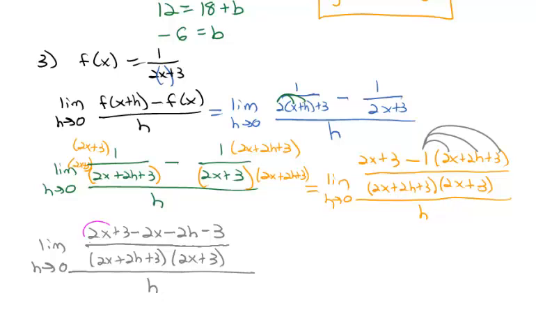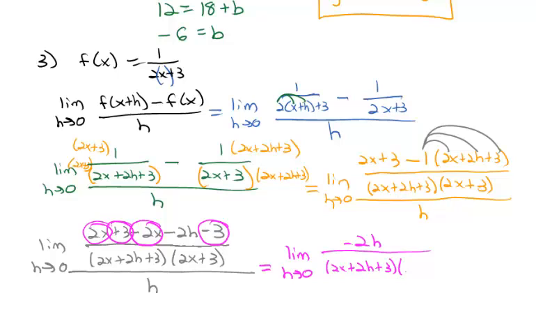Well, again, you'll notice the 2x subtracts out with the 2x. The 3 subtracts out with the 3. And so we're left with the limit as h goes to 0 of negative 2h over the common denominator of 2x plus 2h plus 3 times 2x plus 3, all over h.